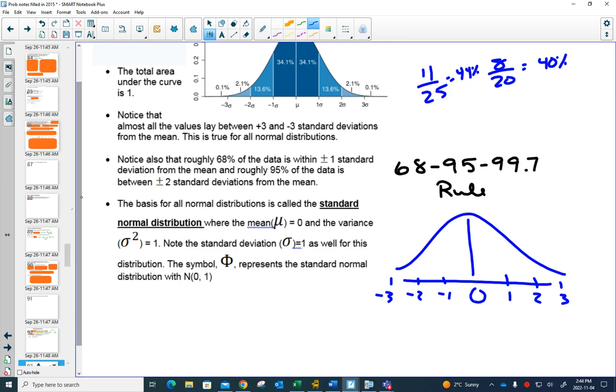And this is done all the time because they have standardized tests that you have to write. Some of the American universities you want to get into, you have to write a standardized test. But the test this year is different than the test last year. And maybe someone wrote the test last year, but now is applying for university, and they're trying to decide who do they give the scholarship to, or who do they accept into the university. They wrote 2 different tests that had different averages and different standard deviations.